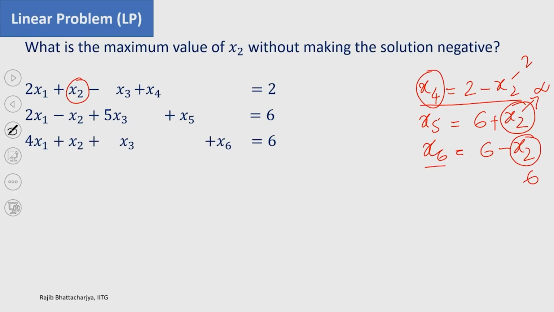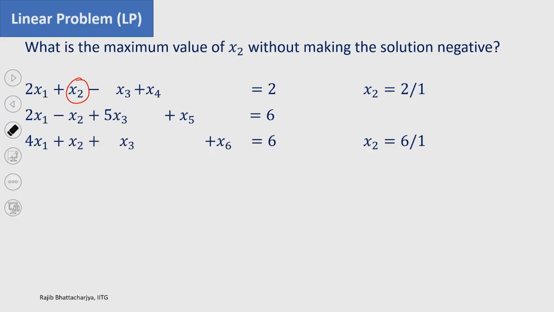But the question is, if I put x 2 equal to 6 in the first equation, that is x 4, then x 4 will be negative, and I will get an infeasible solution. So, what is the rule? We will take the ratio of b by a i s.